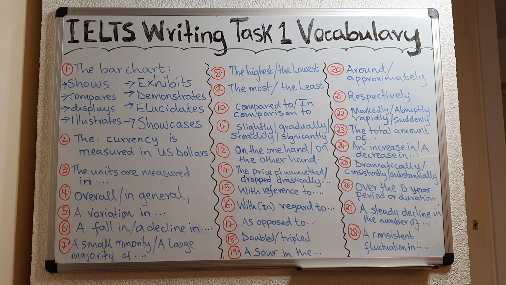Now, suddenly means it was also not expected. Abruptly and suddenly mean exactly the same. So you can say, for example, there was a sudden increase in the number of students who joined Oxford University from Iraq in the year 2020 and the year 2021.